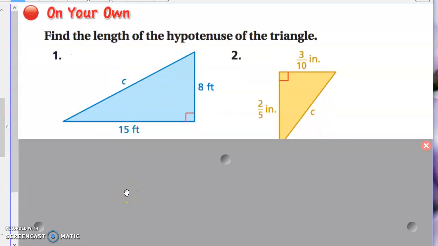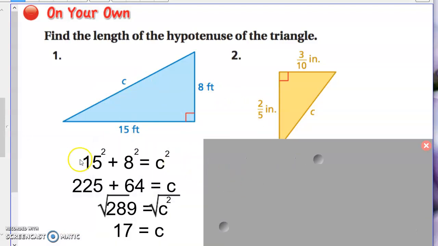All right, to check these two, first up, this is side C, this is the hypotenuse, and these would be A and B. So I replace A with 15, B with 8, and then I square both of those numbers. So 15 squared is 225, 8 squared is 64.